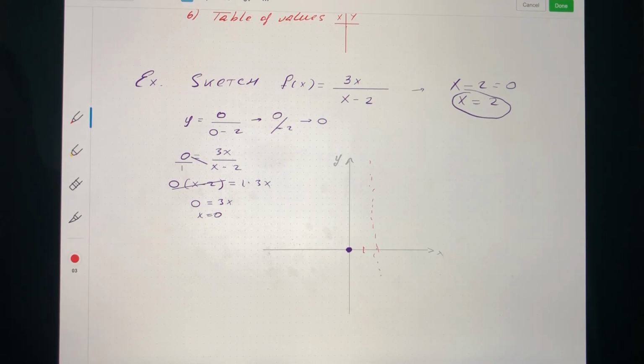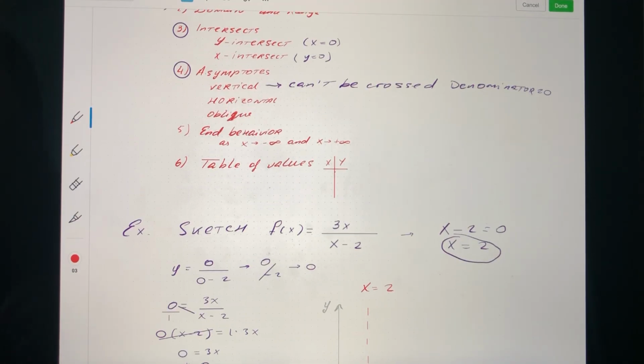Asymptotes are usually drawn as a dotted line. It should be more or less vertical, something like this. So this is x equals 2, an imaginary vertical line that our picture will not cross.